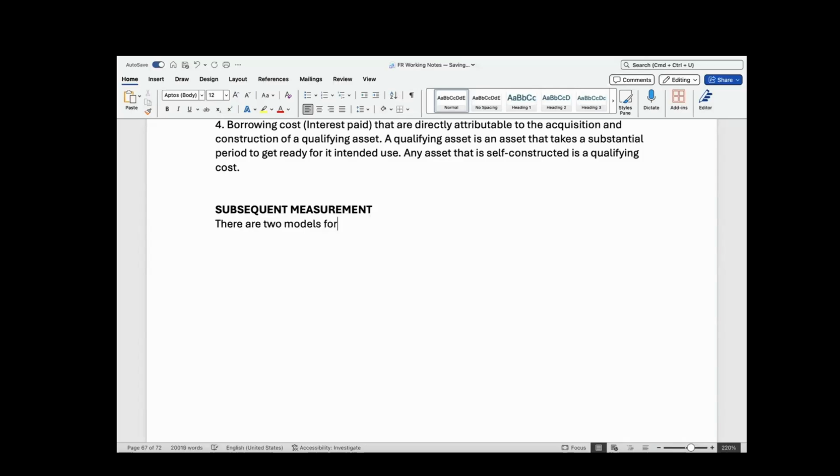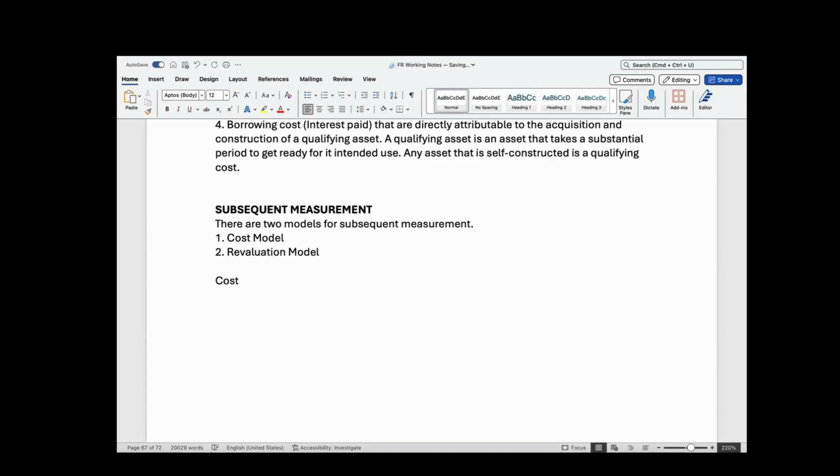So there are two models for subsequent measurements. Number one is the cost model, and number two is the revaluation model. These two models help you determine the value of an asset at the end of the year.